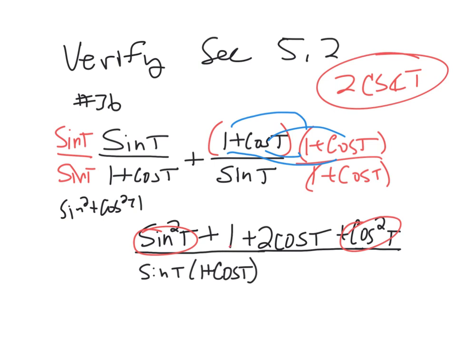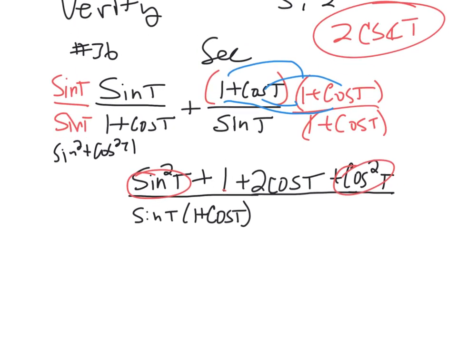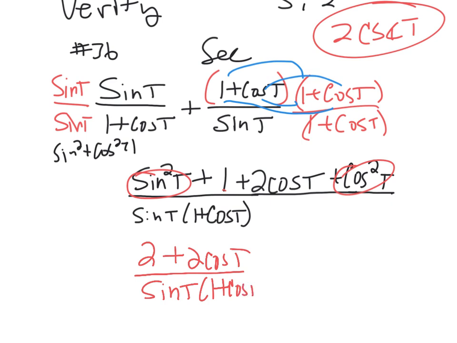And if I have another 1 there, won't that be 2? So let me see, can I drag all this up? So that's going to be 2 plus 2 cosine t over sine t times 1 plus cosine t.